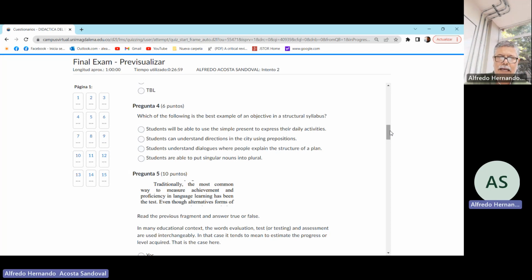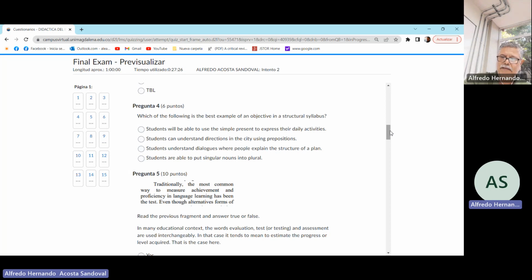Why is it not a merely structural syllabus objective? Because it tries to have students using the language for something which happens in real life, which is to express their daily activities, even though it says simple present tense.